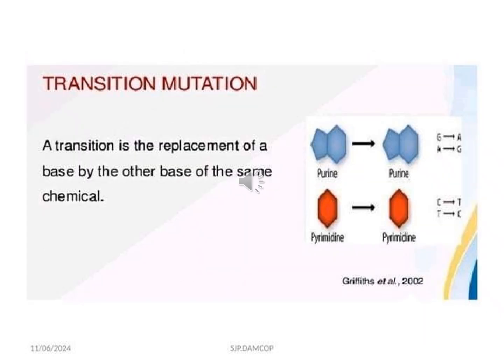So this is about transition mutation. It's a type of point mutation where one purine base is replaced by another purine, or one pyrimidine is replaced by another pyrimidine. For example, the purines are adenine and guanine, and the pyrimidines are cytosine and thymine. So the transitions are A to G or C to T. Transitions are more common than transversions, which are purine to pyrimidine changes.